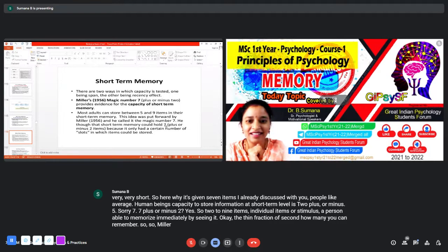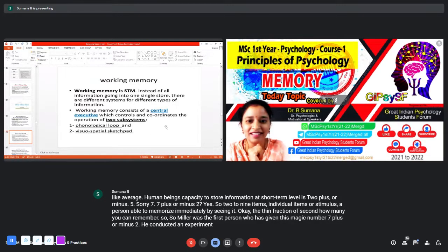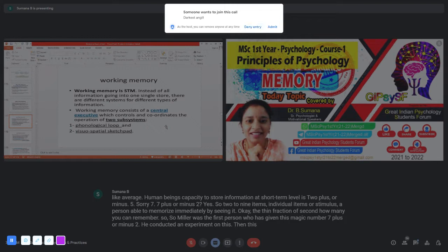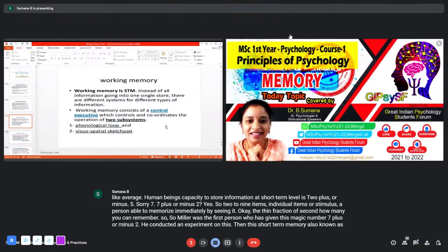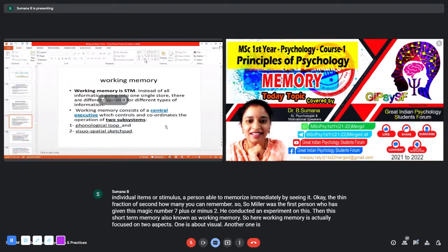Miller was the first person who gave this magic number 7 plus or minus 2. He conducted an experiment on this. Then this short-term memory is known as working memory. So here working memory is actually focused on 2 aspects. One is visual, another one is auditory.